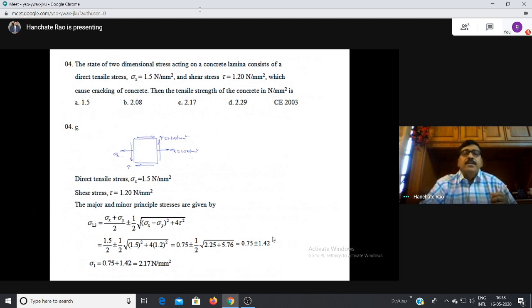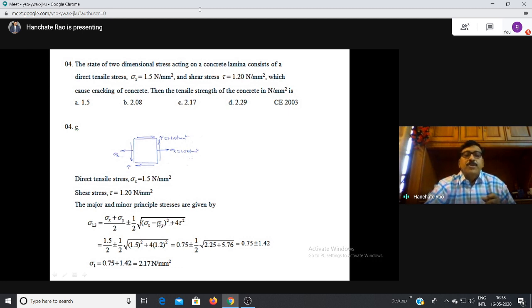So here it is a case of sigma y is equal to 0. Tau is existing, but sigma y is equal to 0. Sigma x is equal to 1.5, sigma y is equal to 0, tau is equal to 1.2. So we substitute sigma 1, 2 is (sigma x plus sigma y)/2 plus or minus half of root of (sigma x minus sigma y) whole square plus 4 tau square.